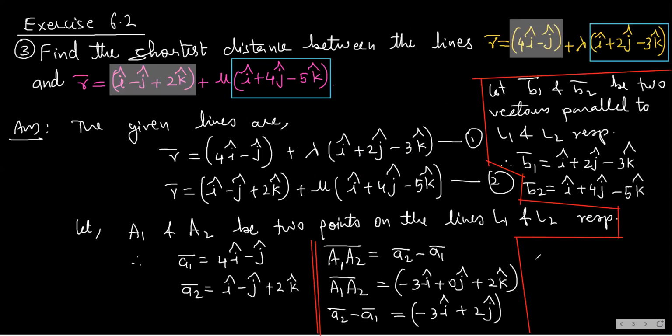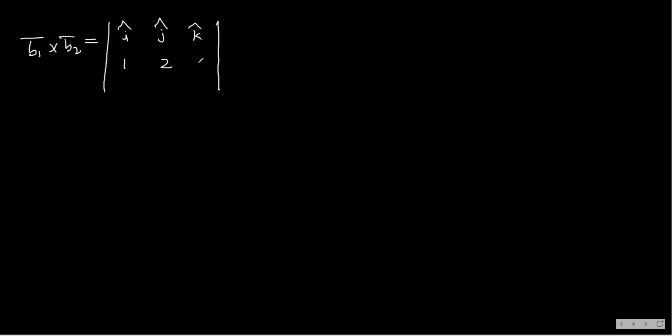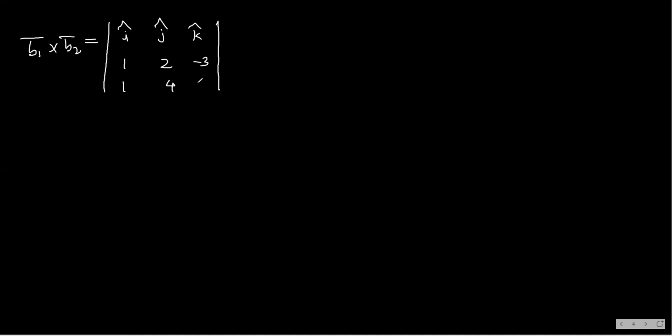Okay, very simple problem. So I will now write B1 bar cross B2 bar. B1 bar cross B2 bar is, this is i cap, j cap, k cap. And for B1 bar, the coefficients of i cap, j cap, k cap are 1, 2, minus 3. And for B2 bar, it is 1, 4, minus 5.